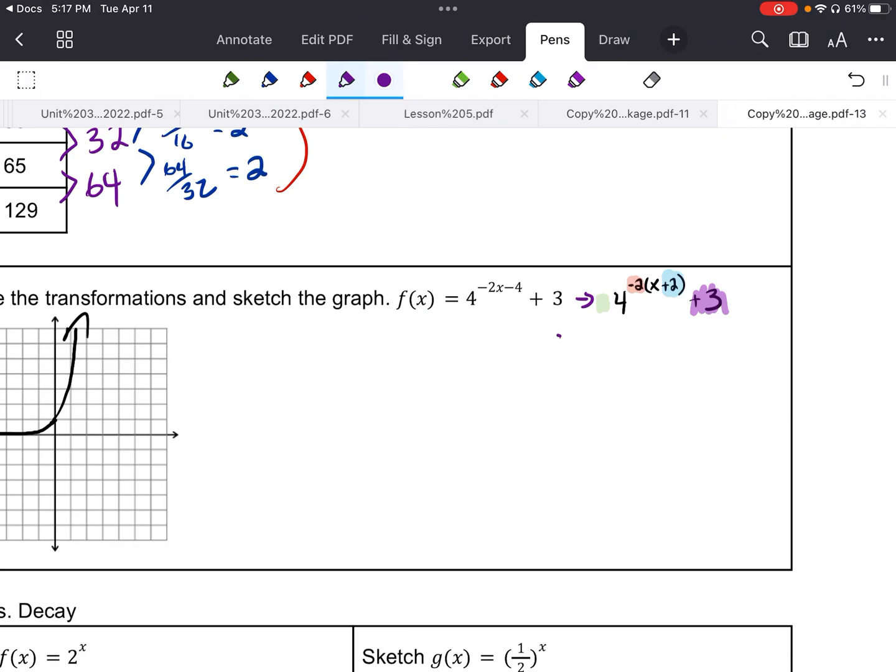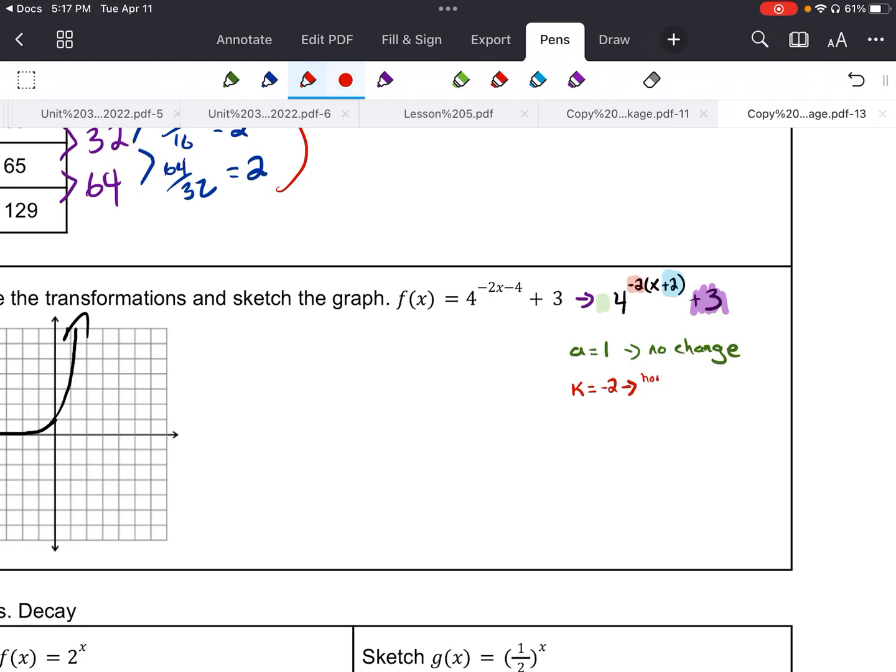Okay, so, sorry, green. a equals 1. That's no change. k is -2.